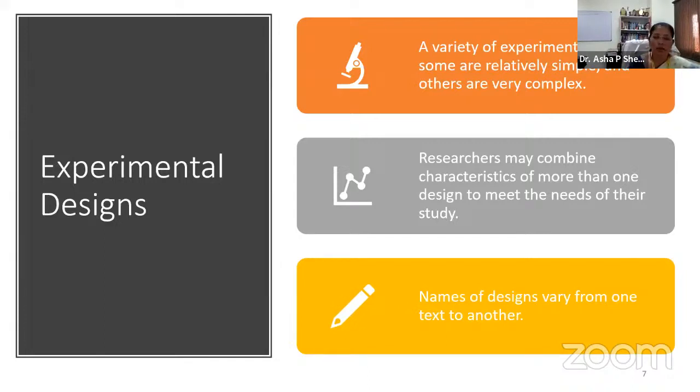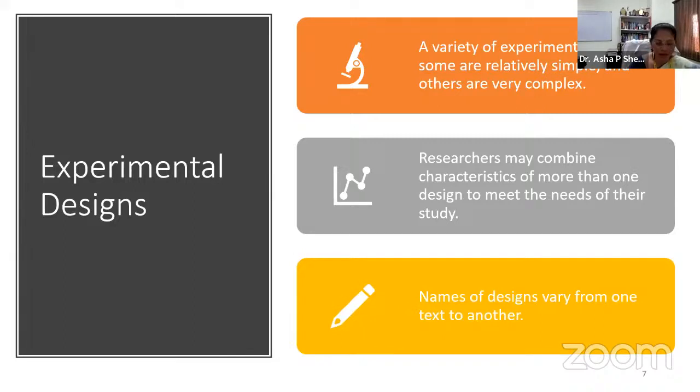Also, the names of the designs may vary from one text to another, so we may get confused sometimes about what design it is. Many times, in the nursing literature, we are studying from the social scientific researchers, and now, with doctoral studies and medical research, a lot of medical terminologies replace the social scientific terms.